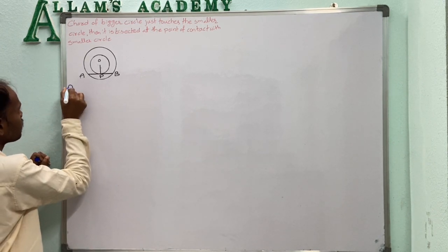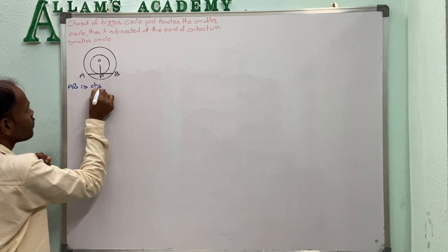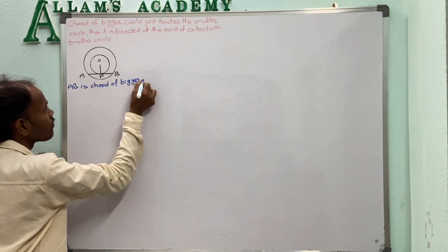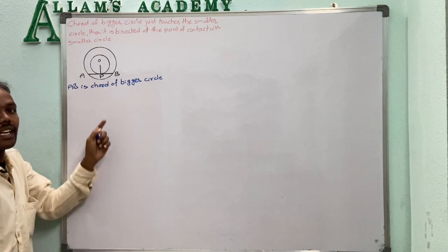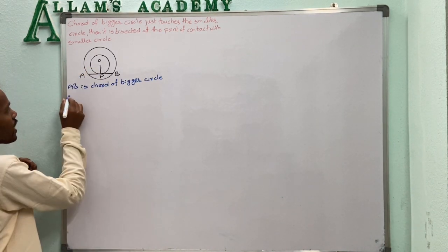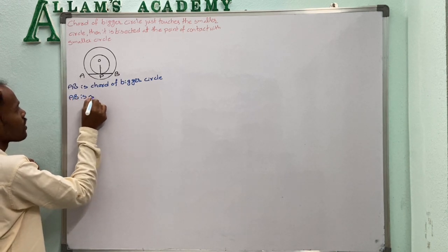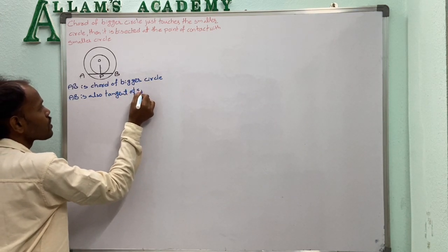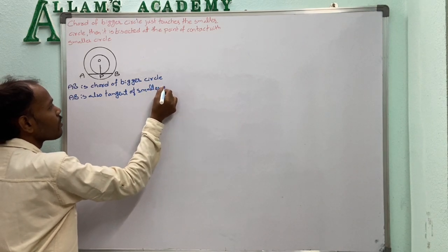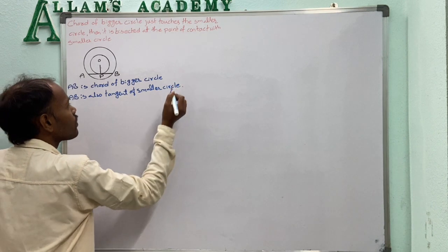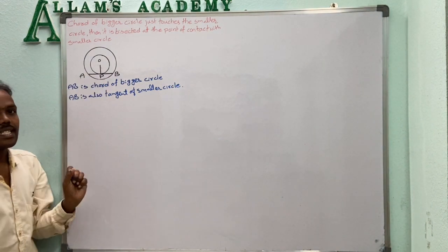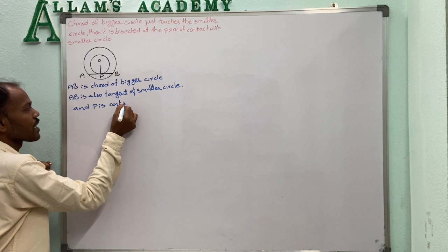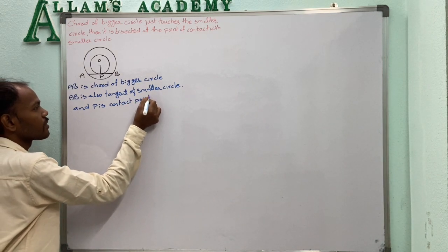So AB is a chord of the bigger circle, and that AB is also a tangent of the smaller circle. P is the point of contact.